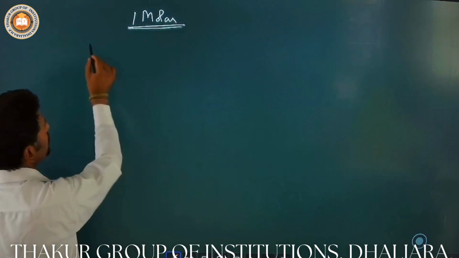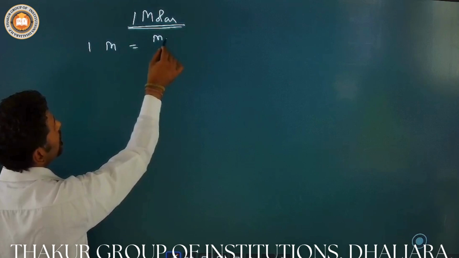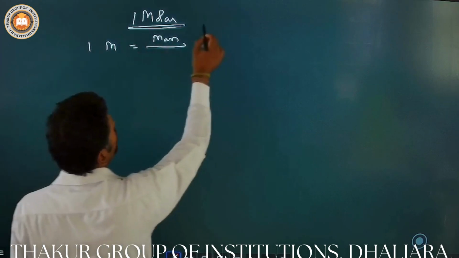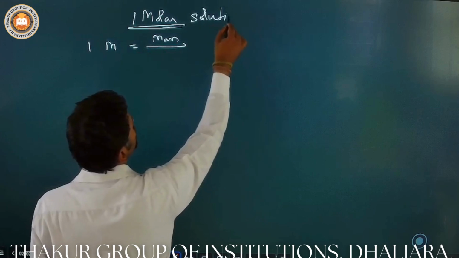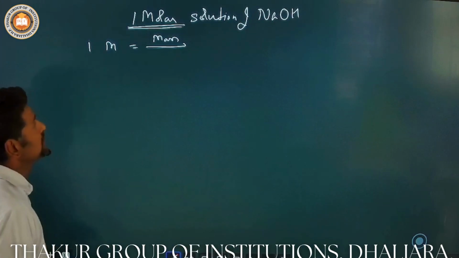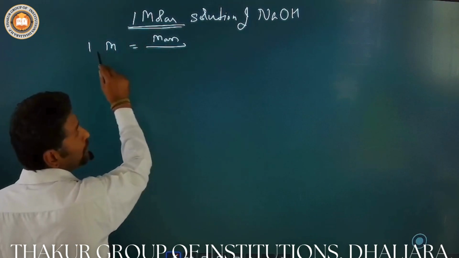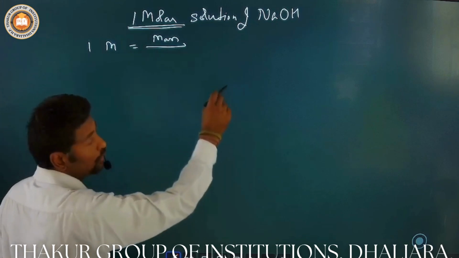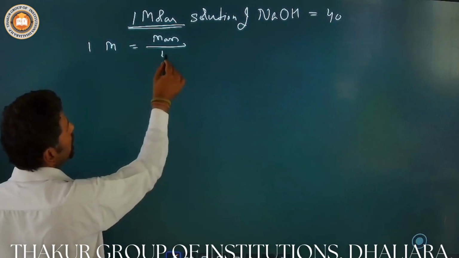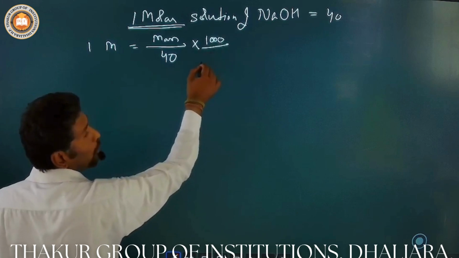The formula will be 1 molar is equal to mass upon molecular mass. If I want to prepare a 1 molar solution of NaOH, the molecular mass of NaOH is equal to 40. So here we have mass upon 40, and 1000 upon volume required.